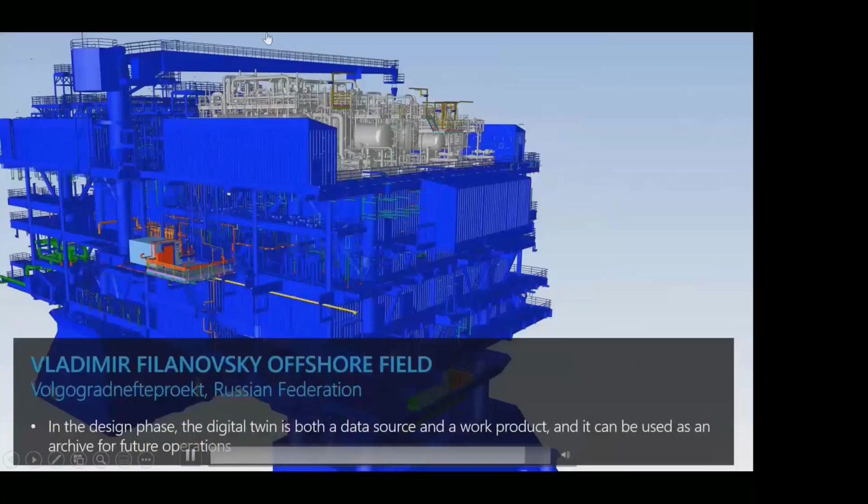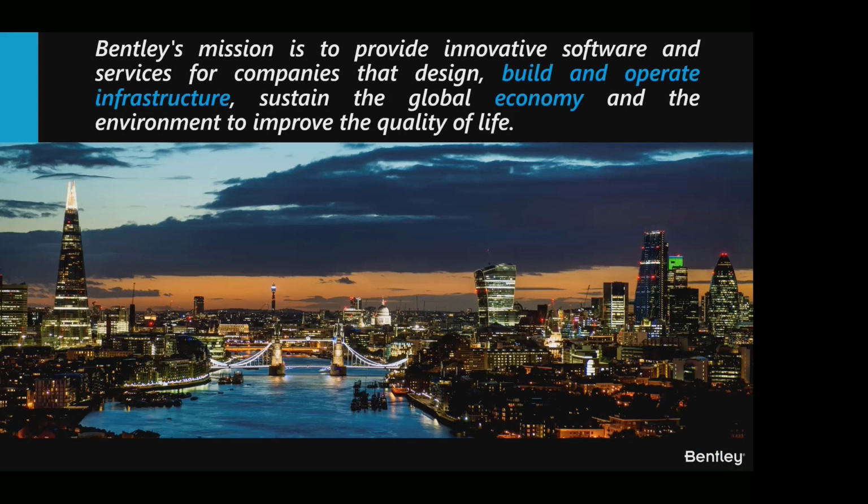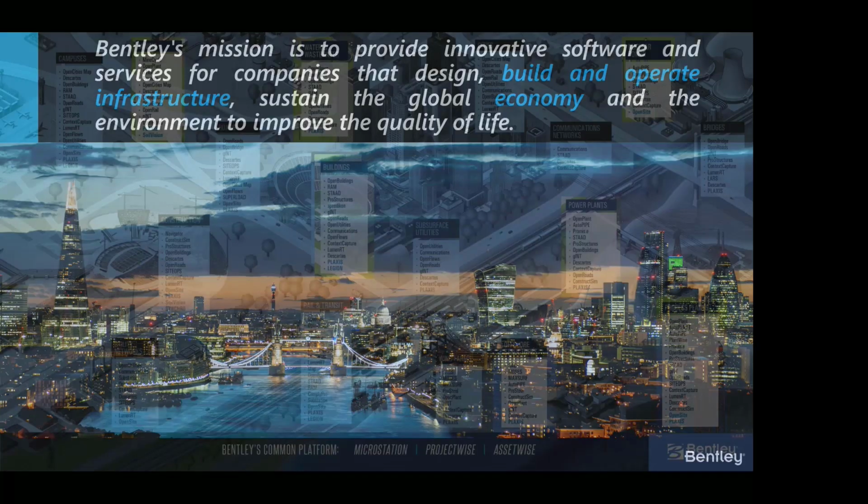So finally, we will have total interoperability with this kind of multidisciplinary project. So our Bentley mission is to provide innovative software and services for companies that design, build, and operate infrastructure, sustaining the global economy and environment to improve the quality of life.